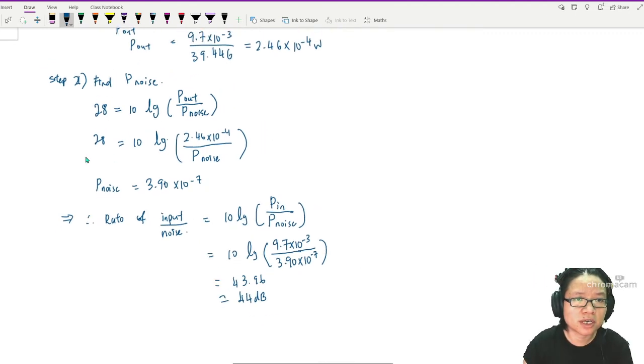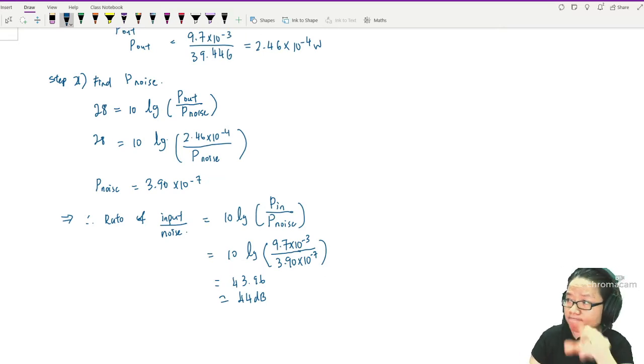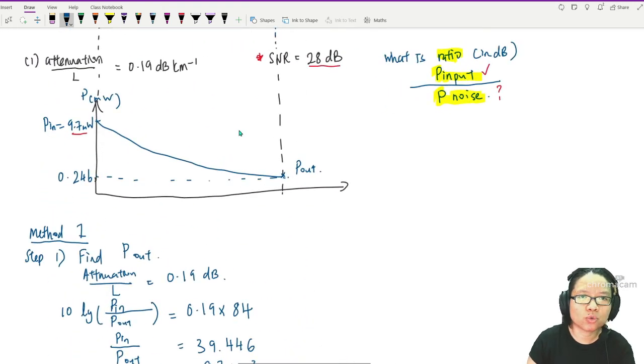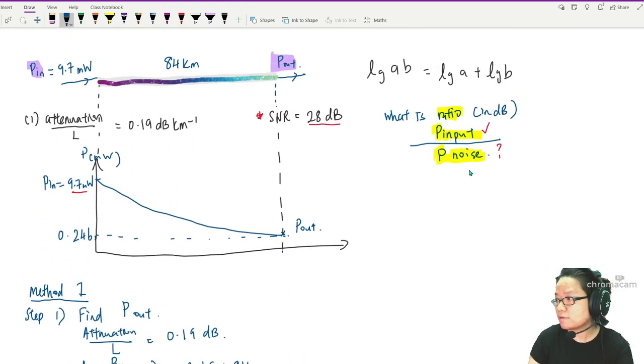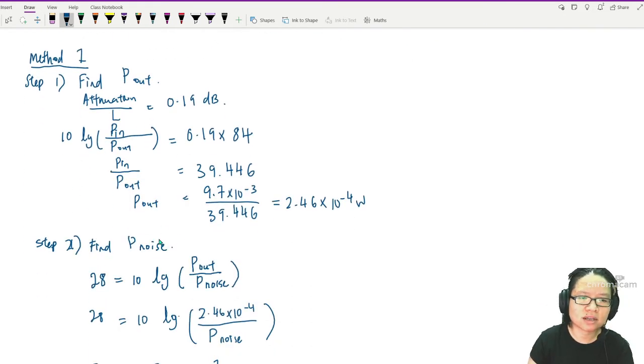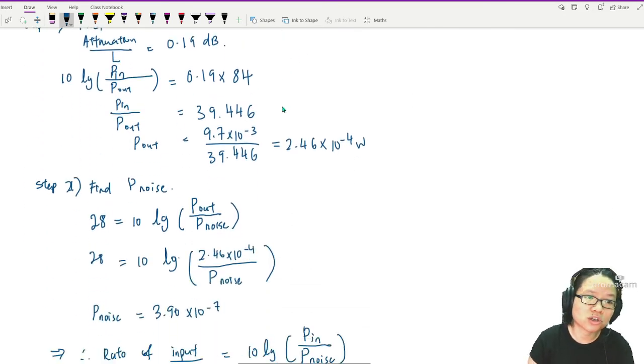So this is actually a multi-step process. I would say it is a 3-step process. Just many things to do. So we started off by wanting to find the input to noise ratio. And then we noticed that we got input, we don't have noise. So first we wanted to find noise, but because it's the signal to noise ratio, this is the SNR 28. I don't have the output signal value.